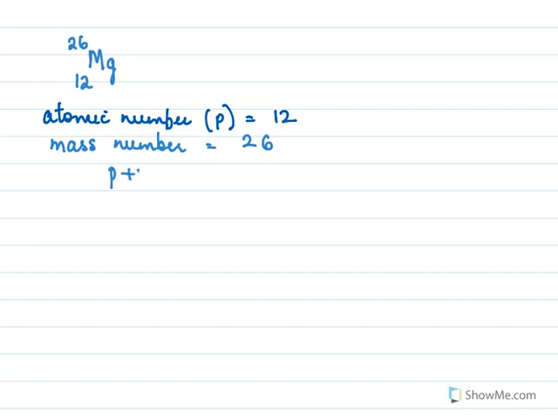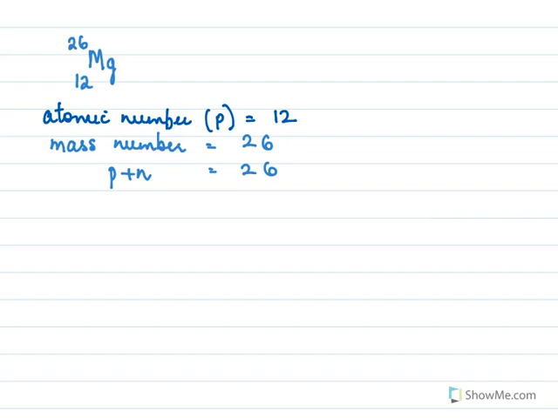So we have atomic number, which is the number of protons, 12. We have mass number 26, and you know mass is protons plus neutrons, which is 26.